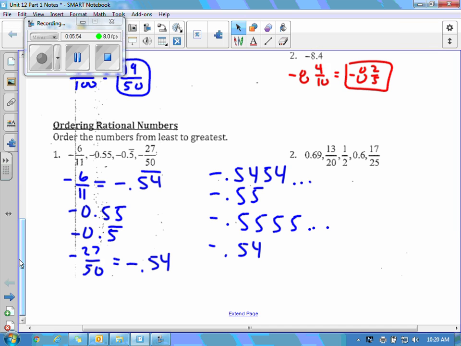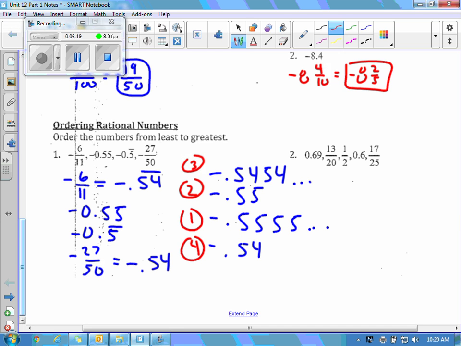Remember, since they're negative, the biggest number is actually going to be the smallest one. So that makes negative 0.5 repeating the least. That makes negative 0.55 second. That makes negative 0.54 repeating third. And negative 0.54 would be the greatest.